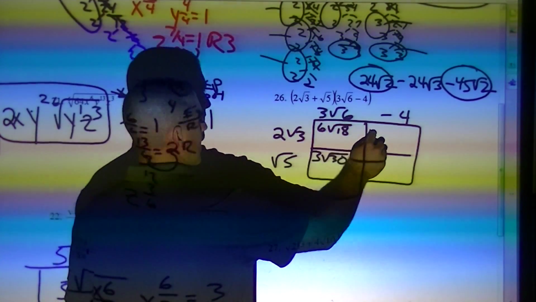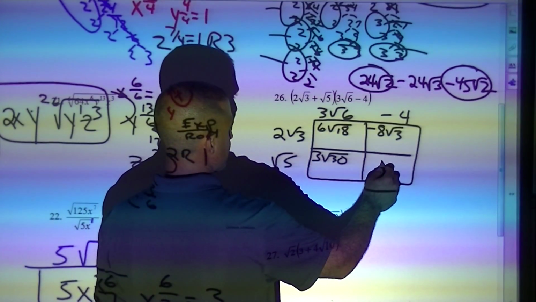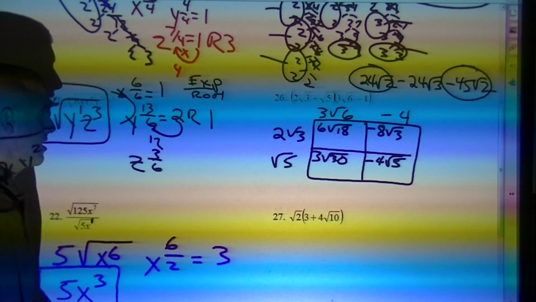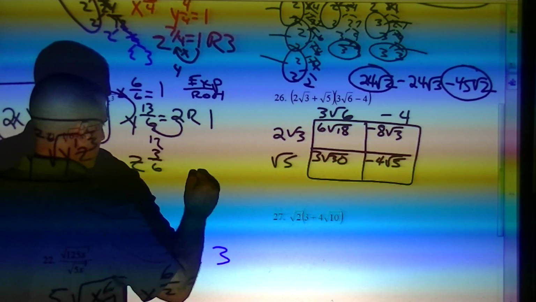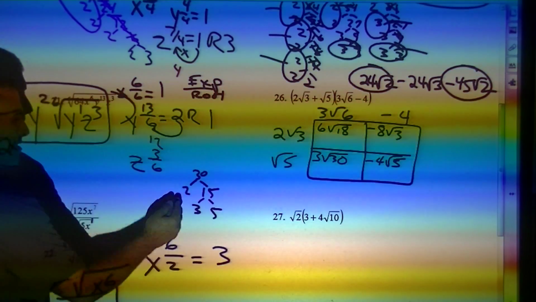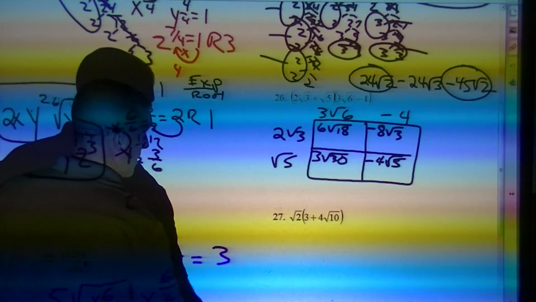This would be negative 8 square root of 3. And this would be negative 4 square root of 5. Okay? Now, this and this are prime, so I'm good there. If I check 30, 2 and 15, 3 and 5, there are no doubles there, so I cannot use that. So that's as good as I'm going to get.